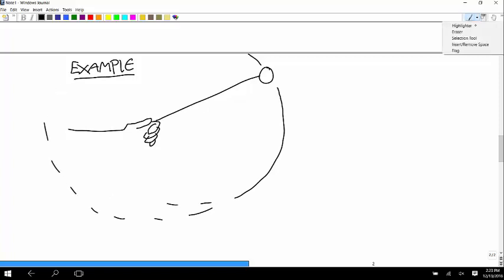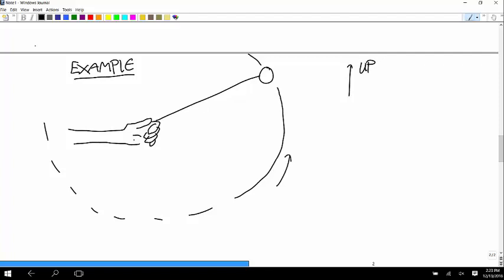That's almost a circle. Let's say it's going counterclockwise, and say this is up, so weight's acting toward the bottom of the page.